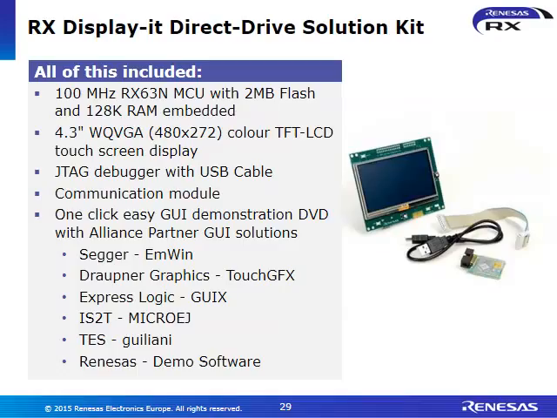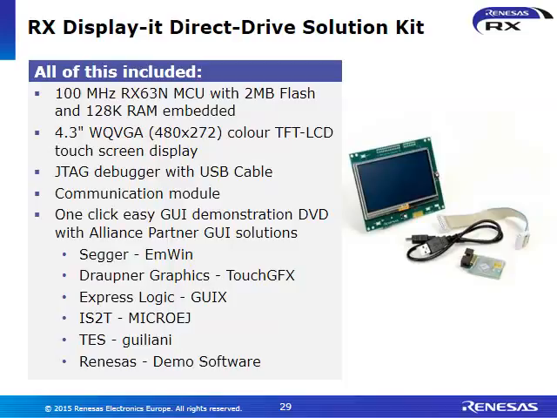So, the summary. The RX display kit includes the RX microcontroller 63N, which comes with 2 MB flash and 128K of RAM. It drives the white QVGA display, which is on the front side of that kit. It comes with a JTAG debugger.